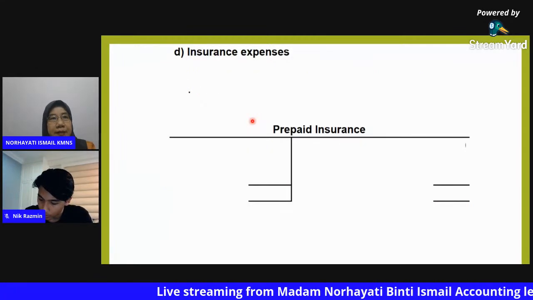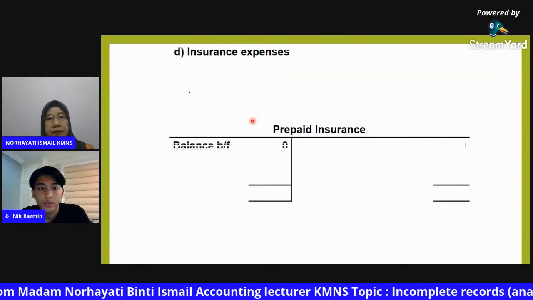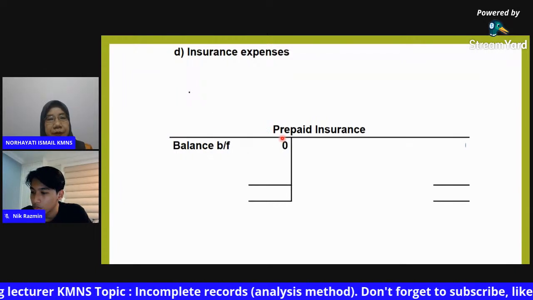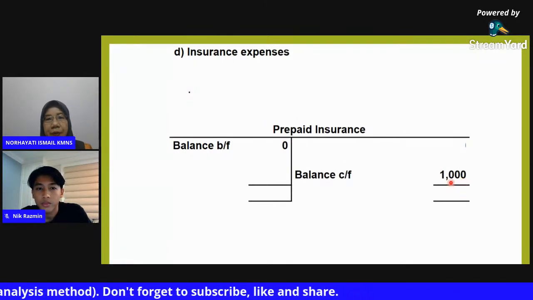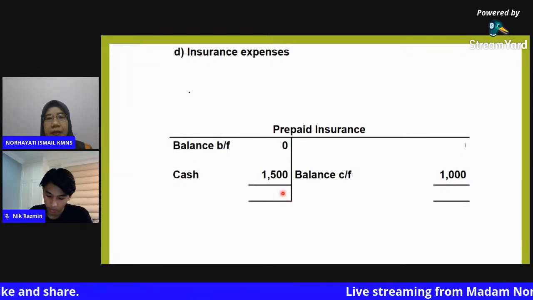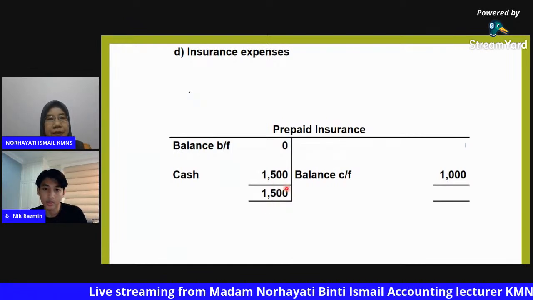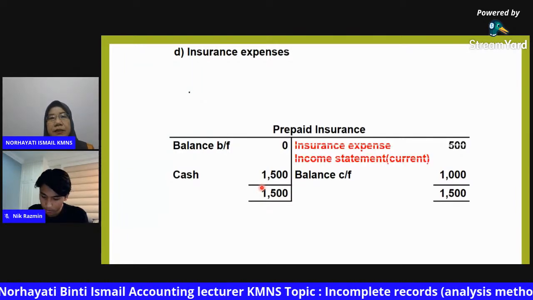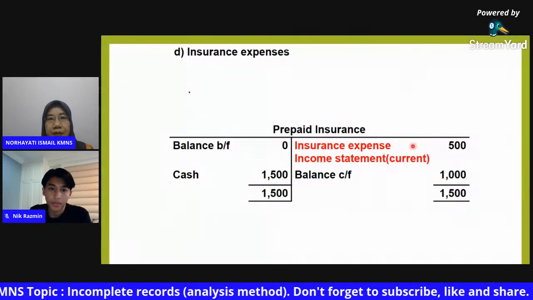Now, the next one, we have to make an adjustment for insurance expense. Given in the question, the balance for prepaid is 0, and given 1,000 for carried forward, and the cash that we have paid is 1,500. Then you can find the difference between total debit and total credit. So the missing figure is insurance expense 500.